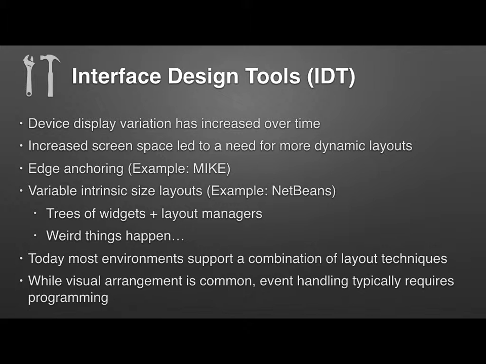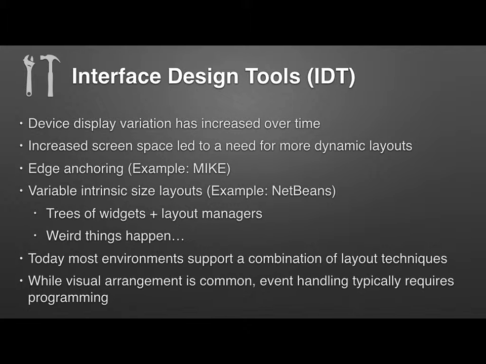So edge anchoring is a popular way of doing a constrained layout. You'll see this pretty much in every modern UI design. And that's the idea that you can take elements and anchor them, pin them to maybe the right side, the left side. And so if the width expands, that element's going to stretch with that.